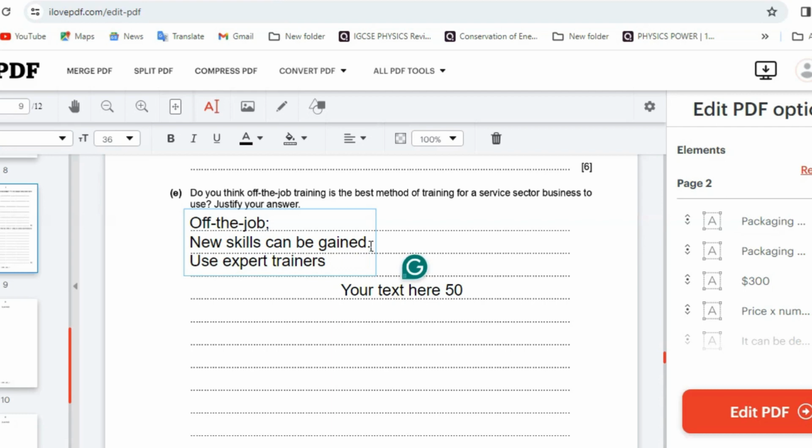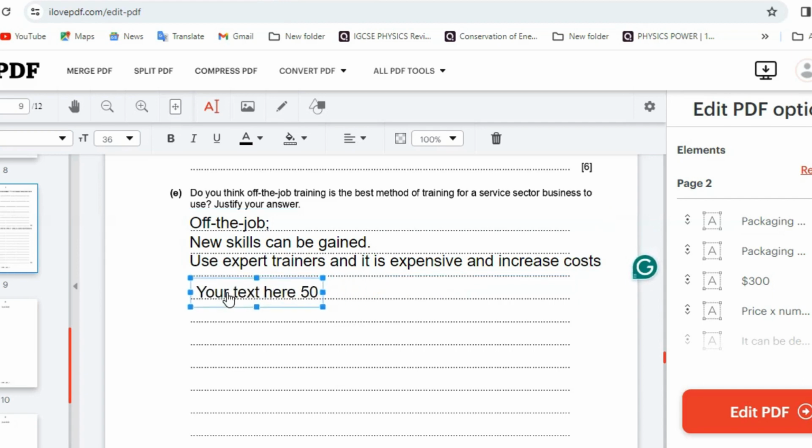Using an expert trainer is very expensive, and it will increase cost. That's also a disadvantage. Now let's see other points of using on-the-job training too before we can justify our answer.